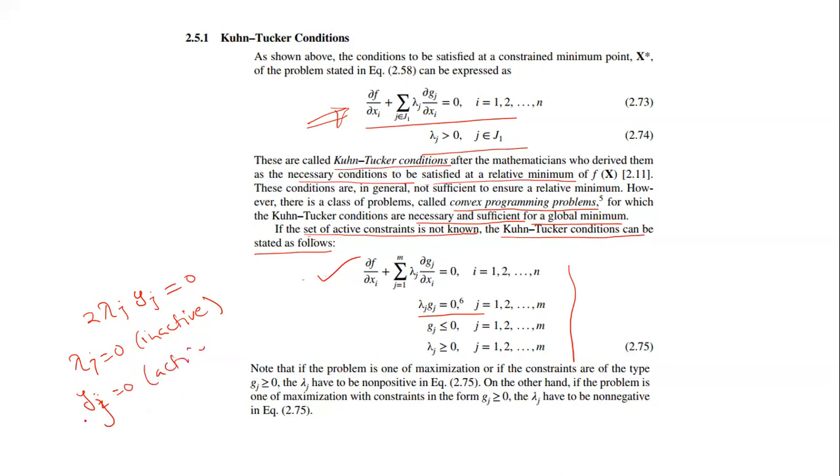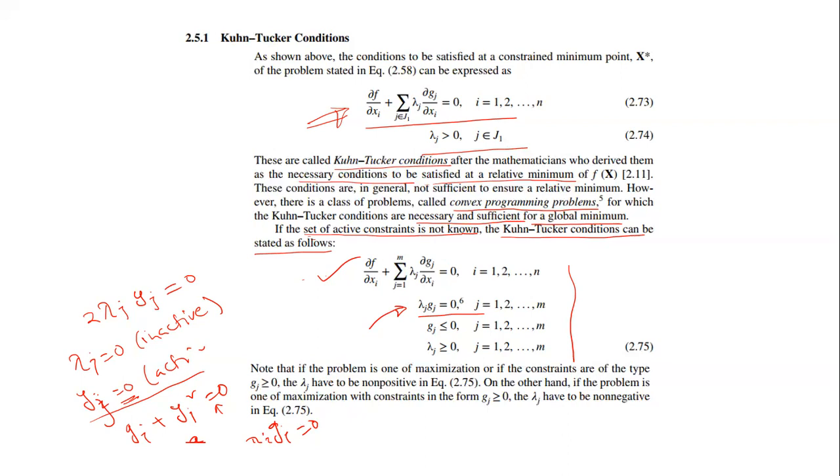As we already explained, since our g is being added with yj square to make it an equality, and since yj is 0, you can easily say that gj will be 0. And now if you multiply with lambda j, which is some constant value, then we can get this equation. Ideally, we should have been applying it only to the active ones, but since we don't know which, we apply all the constraints with all the lambda values in this equation.